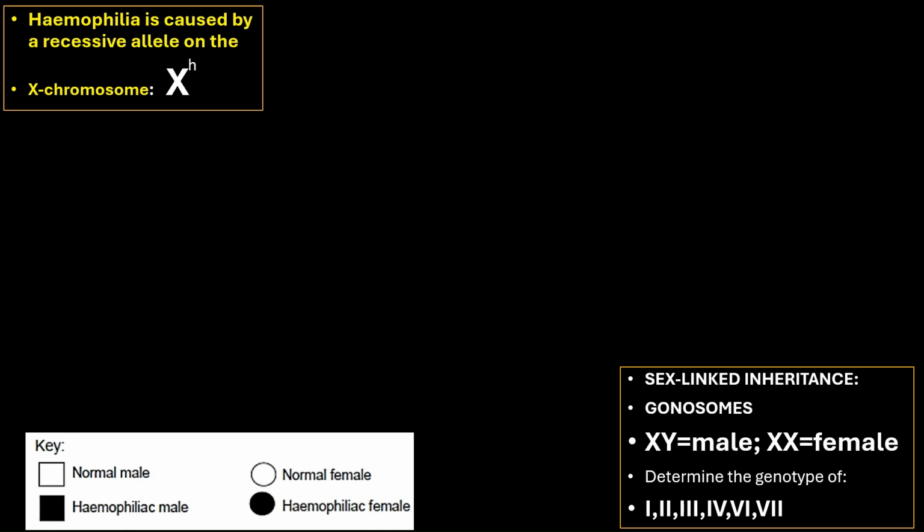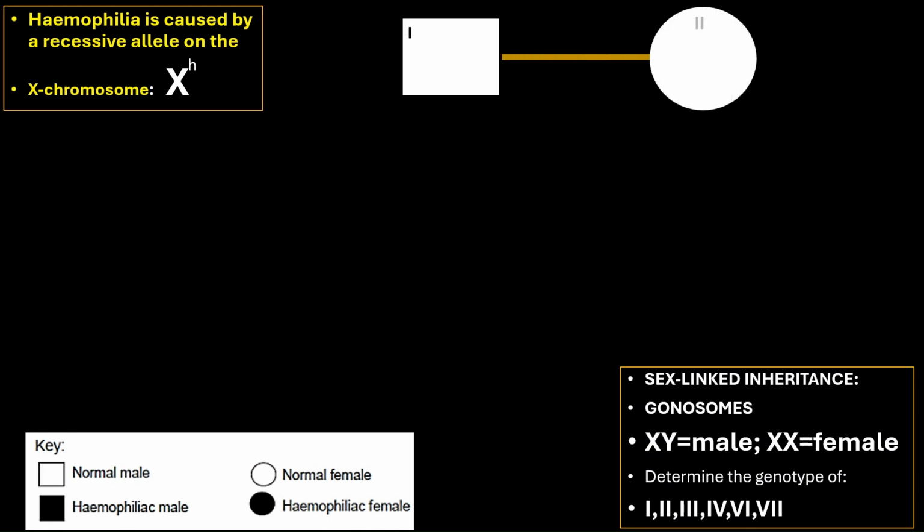The white square is a normal male. The white circle is a normal female. The black square is a hemophilic male. The black circle is a hemophilic female. So let's check here. We have a family here. One, a male married to a female. Both of them are normal.